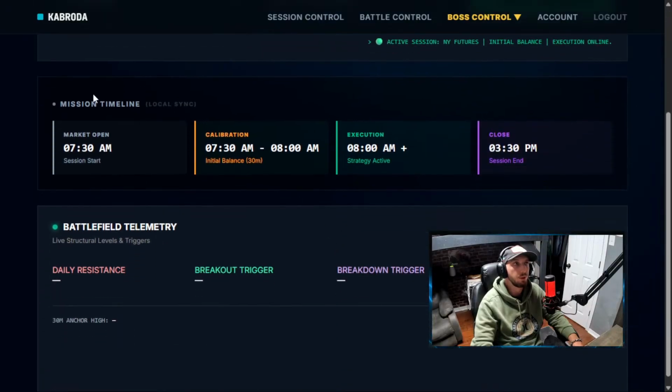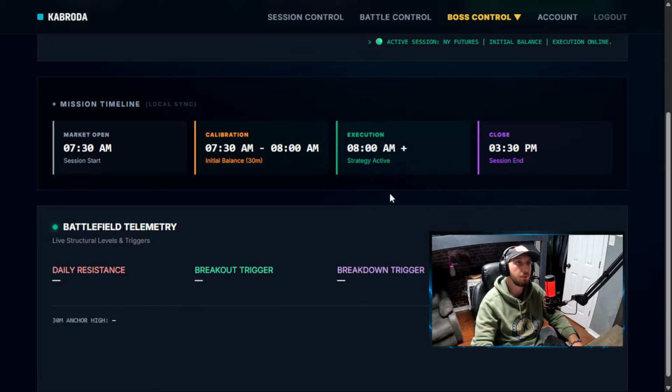And then below that line, we got our time frame for the market that you're trading. Since we're in the New York session, we got our market open calibration, so what time you should be setting up your charts, and then what time the market kicks in and it's time to start looking for some trades possibly, which is 8.